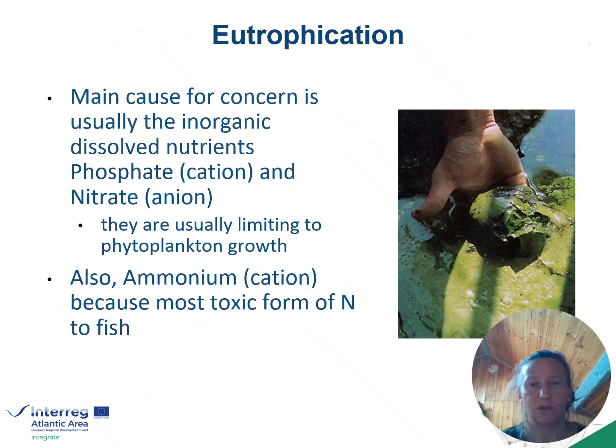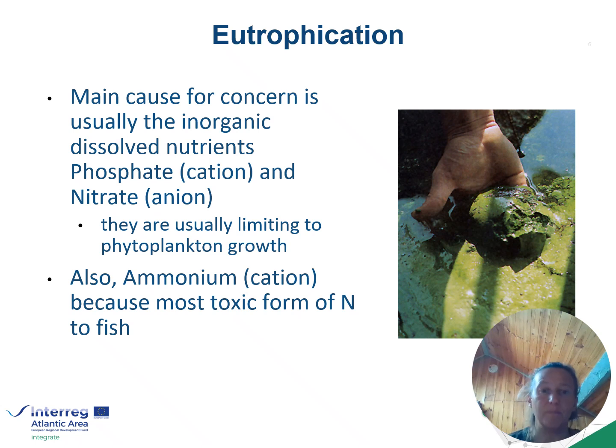So the main cause for concern is usually the dissolved inorganic nutrients phosphate, which is an anion, and nitrate, which is an anion. And that's because these nutrients are usually limiting to phytoplankton growth in the receiving ecosystems.